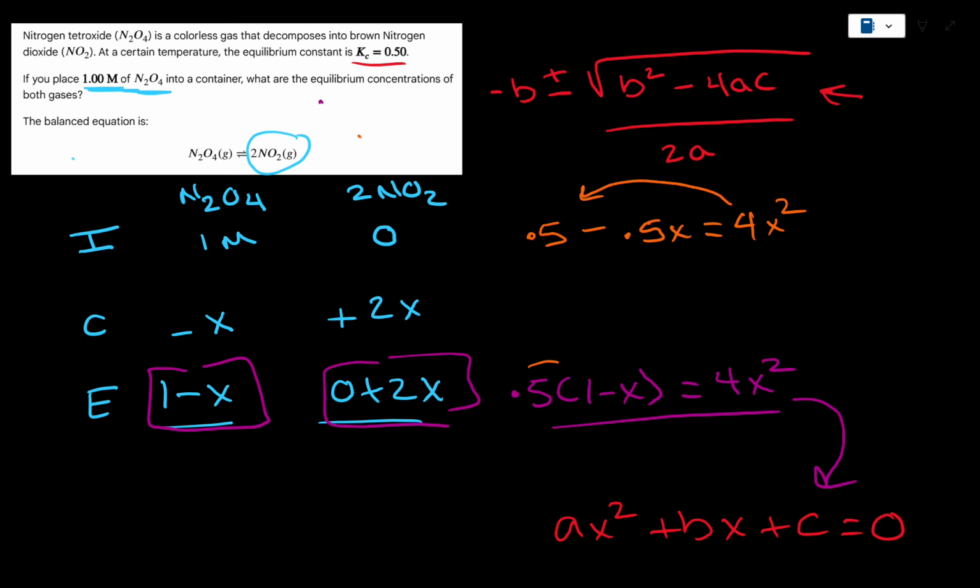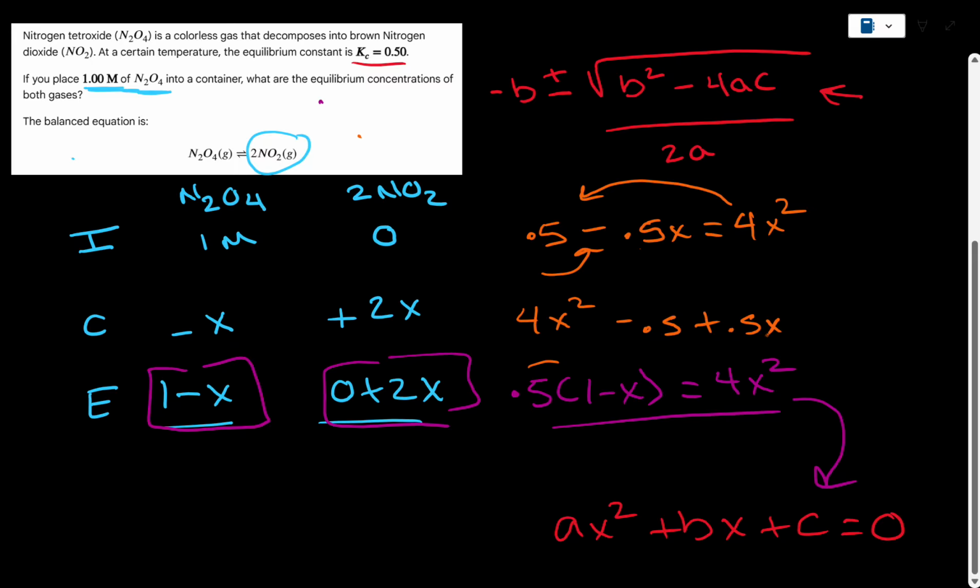But when doing so, you must reverse these signs. You must flip them. So it's going to be 4x squared. This was a positive 0.5, but now it's going to be minus 0.5. And this was a negative 0.5x, but now it's going to be a positive 0.5x.